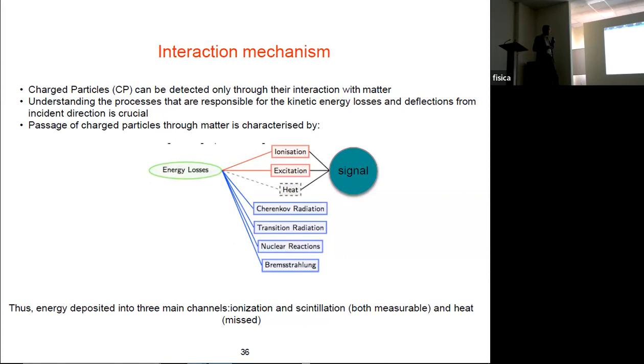If you summarize all these three channels, you will get a detection signal, a measurable signal. And the task is to measure it. There are some other mechanisms, for example, Cherenkov radiation, transition radiation, Bremsstrahlung, but we are not talking about these three mechanisms.